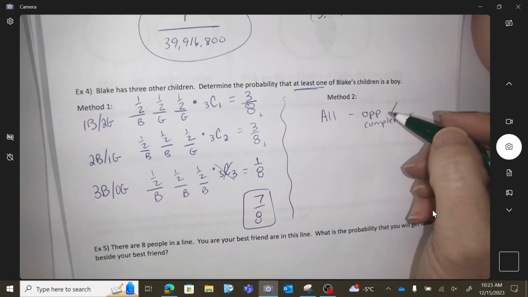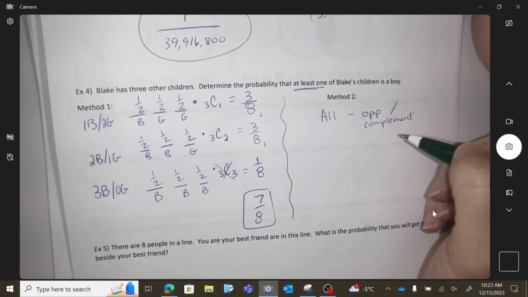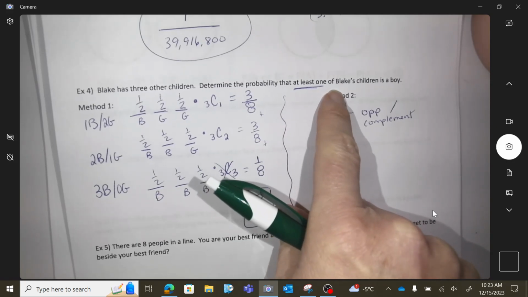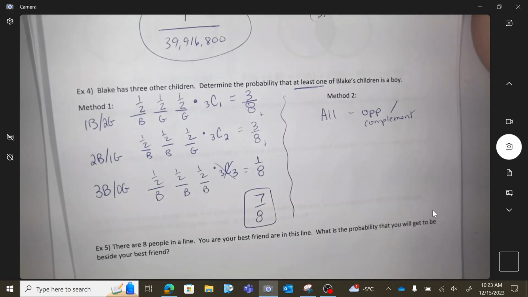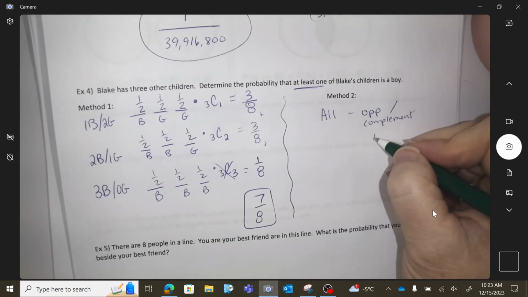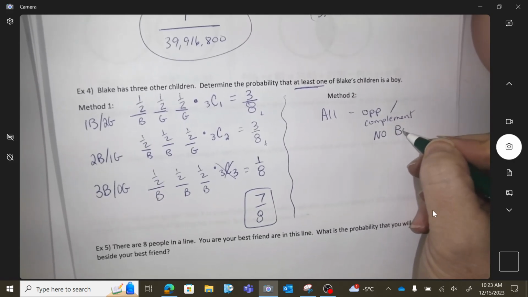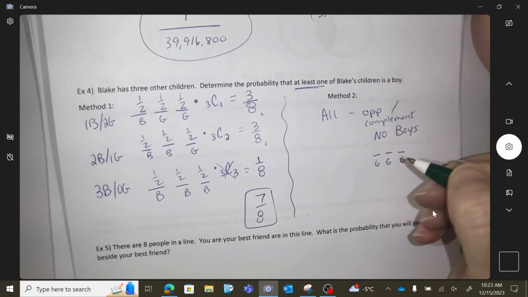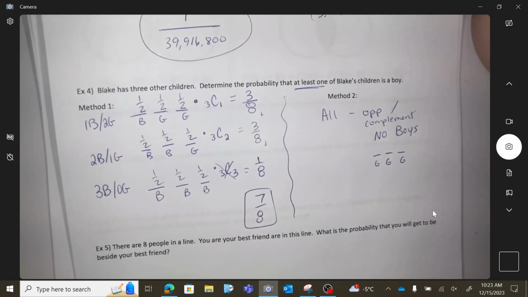Okay, let's talk about what's opposite of this. When we had at least 1 boy, what would be an opposite family? No boys, which means there would have been a girl, a girl, and a girl in that family.